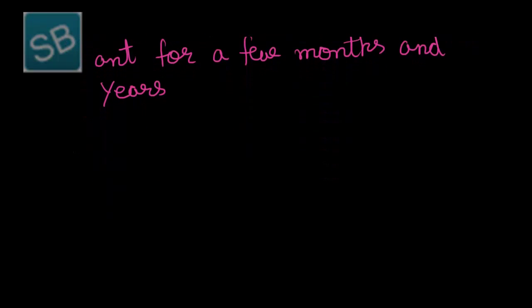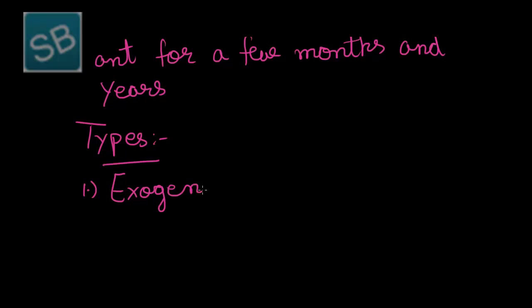Now, there are basically four types of seed dormancy. First, exogenous dormancy. Second comes endogenous dormancy.